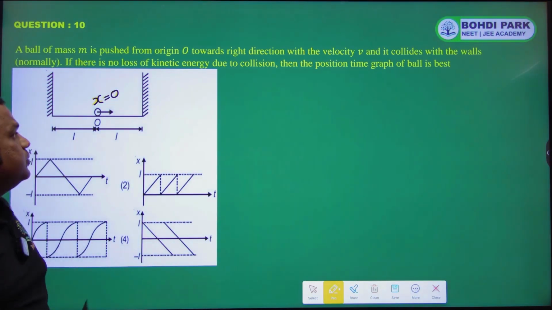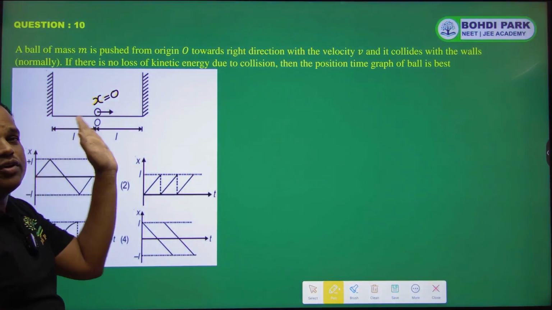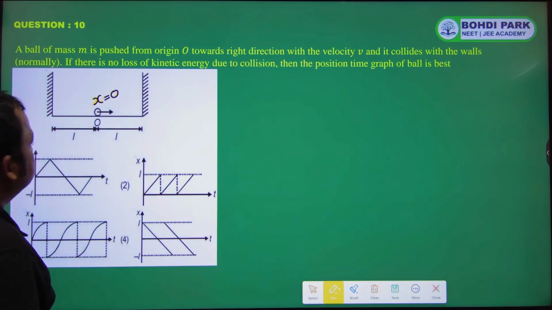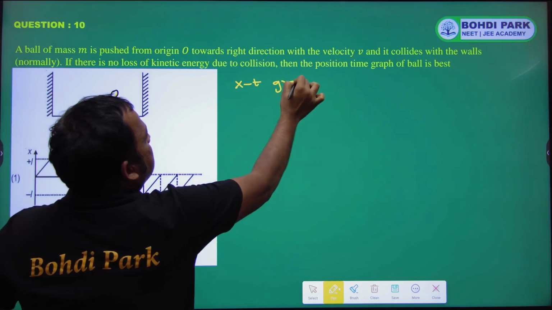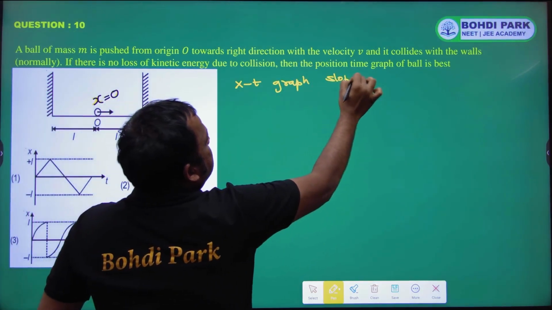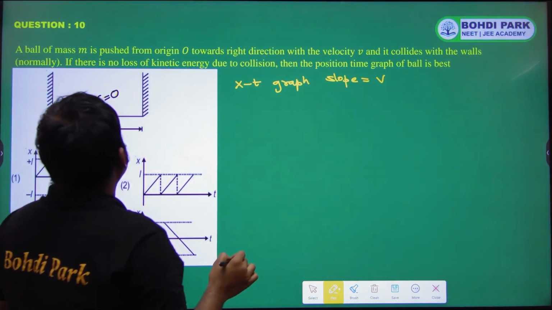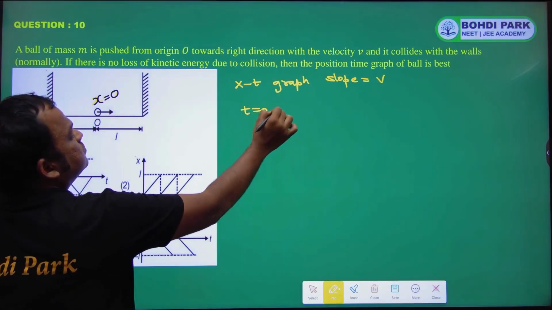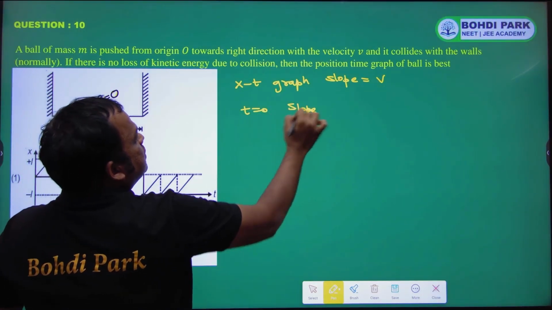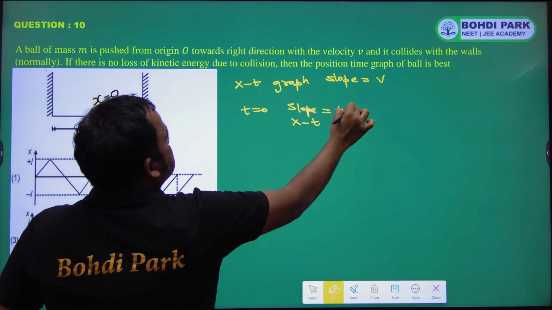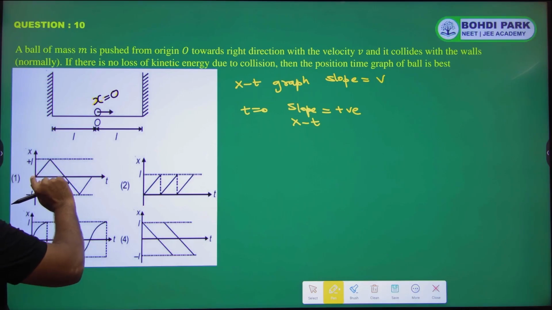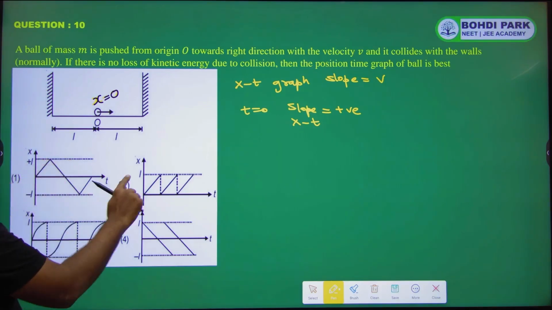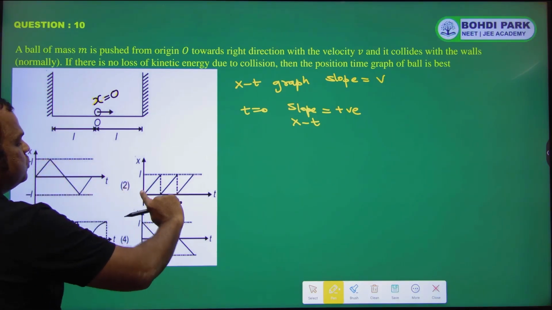So the initial velocity is positive, to the right. The slope of an x-t graph is velocity. So at t equal to 0, the x-t graph slope is positive. If we observe the first graph, the initial slope is positive, and in the second graph also the initial slope is positive.